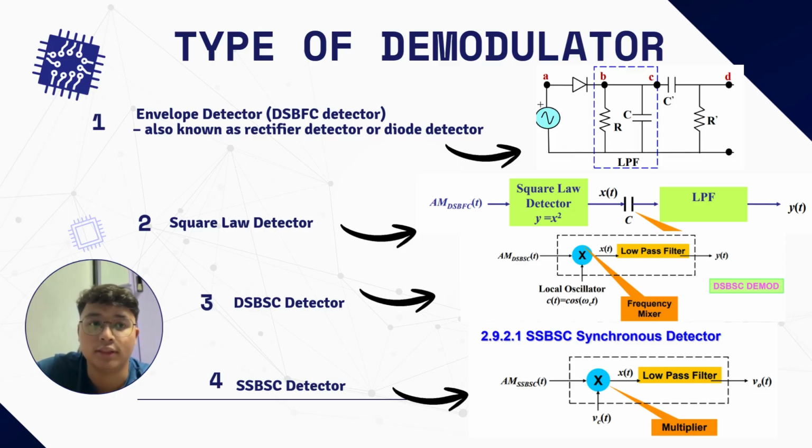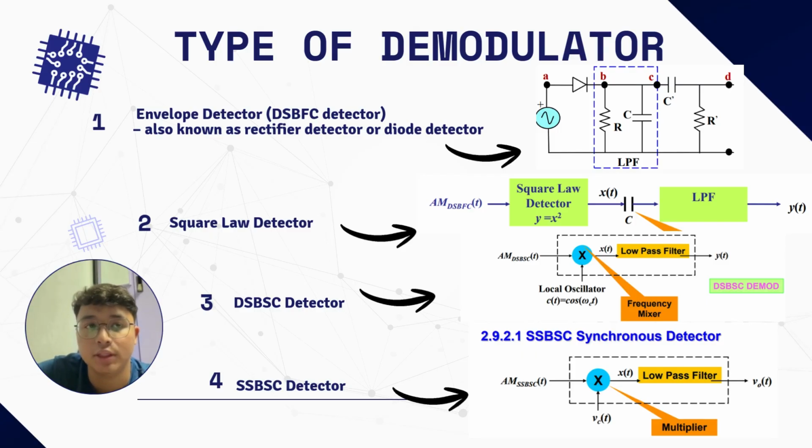The third one is the DSBSC synchronous detector, or double sideband suppressed carrier. In this case, we multiply the received signal with a locally generated signal, as we can see there, the local oscillator, which is cos omega_c t. That needs to be synchronized in frequency and phase with the original transmitting carrier.